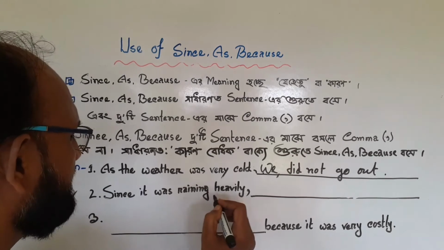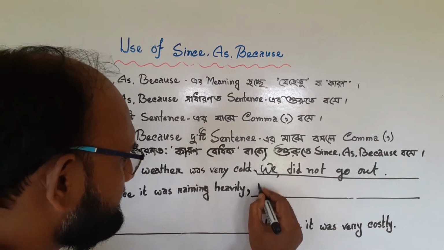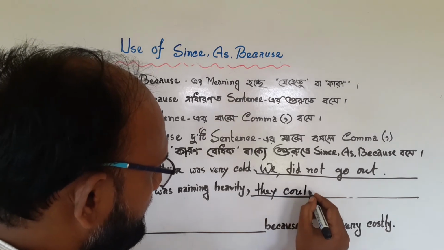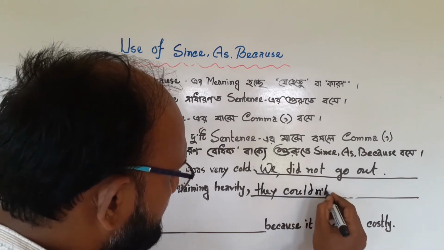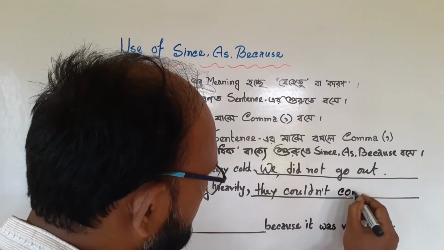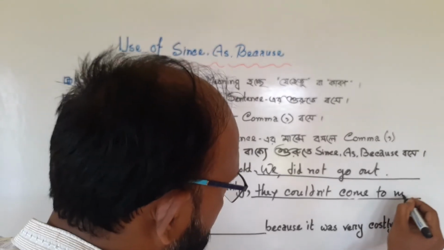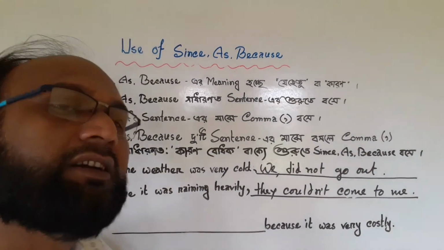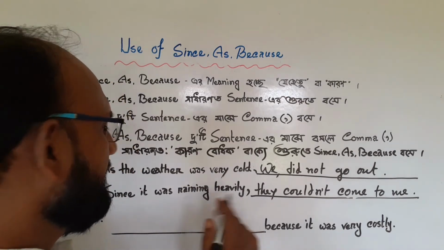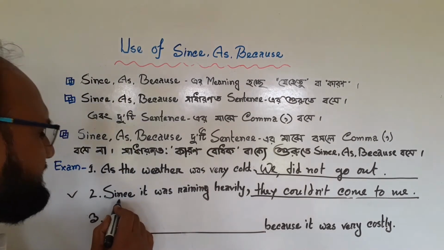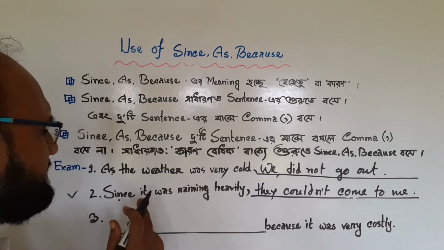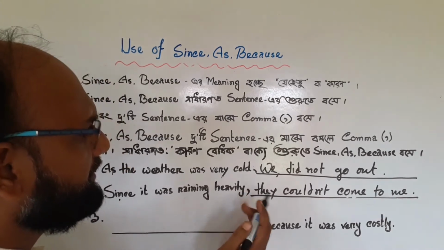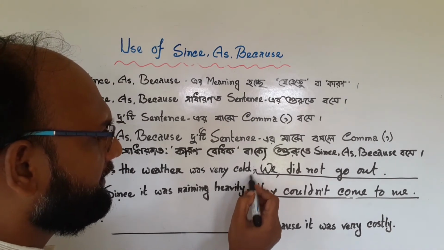Since it was raining heavily, they couldn't come to me. In such a way we can complete the incomplete sentence. When as, since, because are used before the sentence, we must use a comma between the sentences.